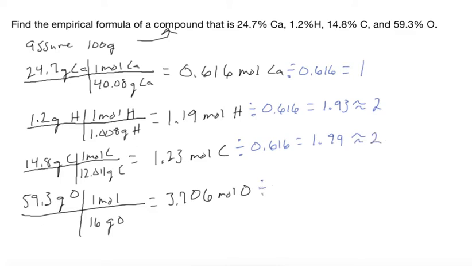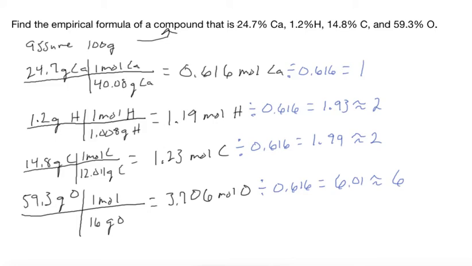And here I divide this one again by 0.616: 3.706 divided by 0.616 gives me 6.01, which is really close to 6.